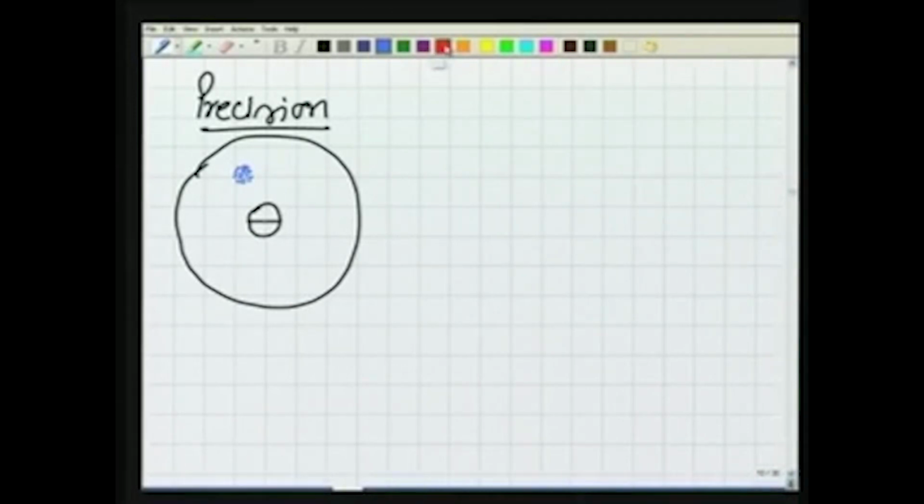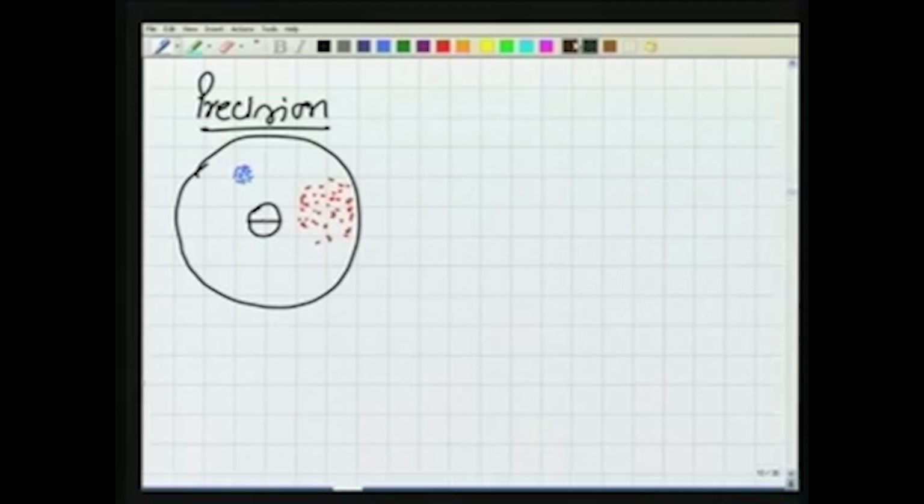Well, there is another person. He is not a very good fireman, and he also fires. Let us say in his case all his bullets are this way. He is also not accurate, because he is also away from the bull's eye. Again, in his case, some systematic error is taking place.